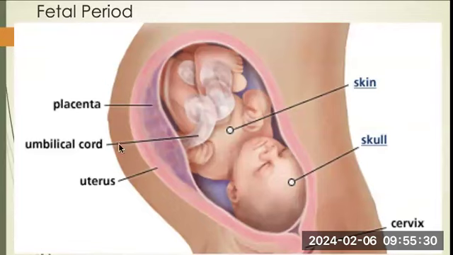So there's the placenta. What connects the placenta to the baby is the umbilical cord, right? All of this is happening in a woman's uterus. And the baby has skin. I'll show you a picture of what the skin looks like in the baby. Ideally the skull and everything is downwards.